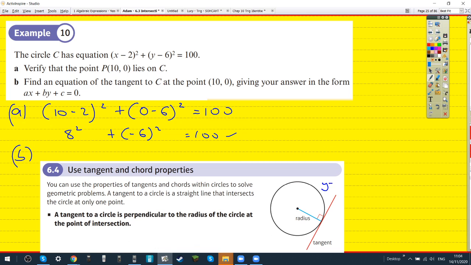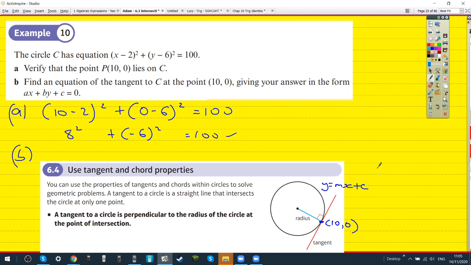That'll be in the form y equals mx plus c. Fill in some blanks. What blanks can we fill in? The x and the y. What, 10 and 0? Yeah. So this point here is 10, 0.